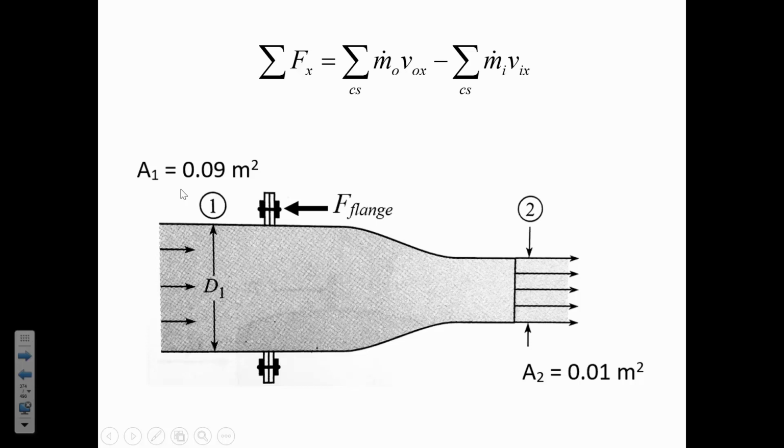So I don't think that this one will be too much trouble. The areas are given directly. It's just asking the force at the flange that has to be applied. Now, consider that this is a cross-sectional view, and the pipe itself is circular, and this flange goes all the way around it. So don't be confused by the fact that you're seeing the flange at the bottom and the top and think, well, is it two forces that are applied?